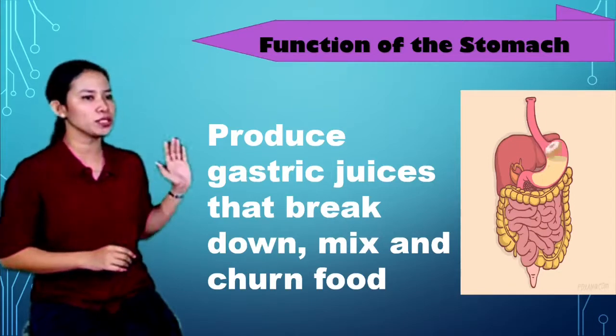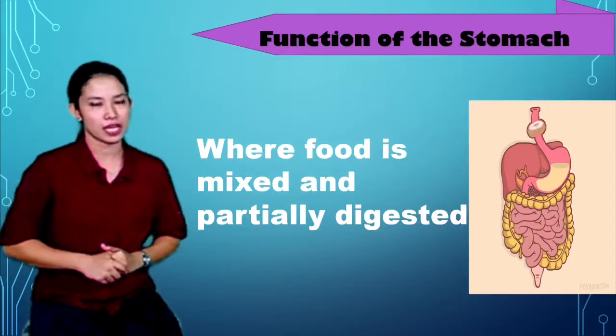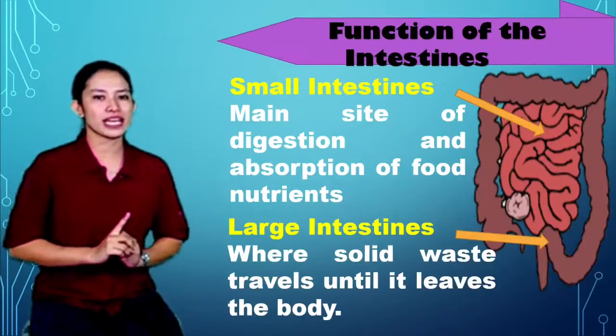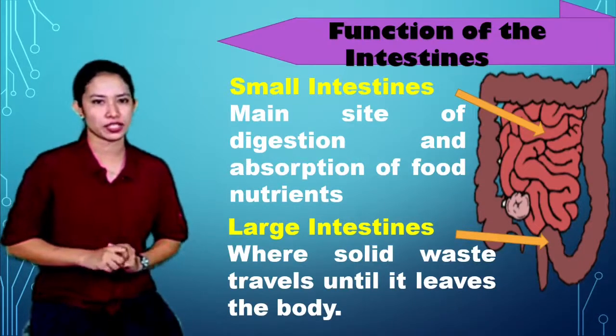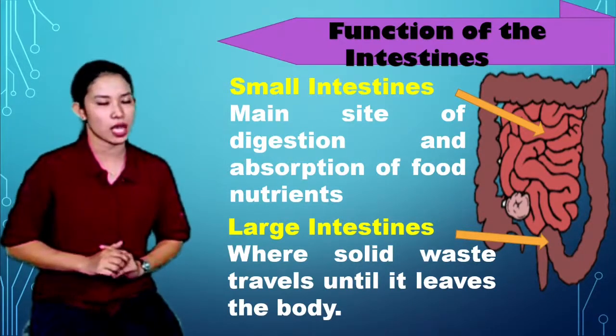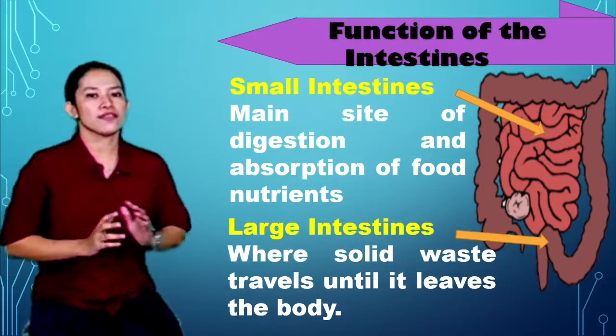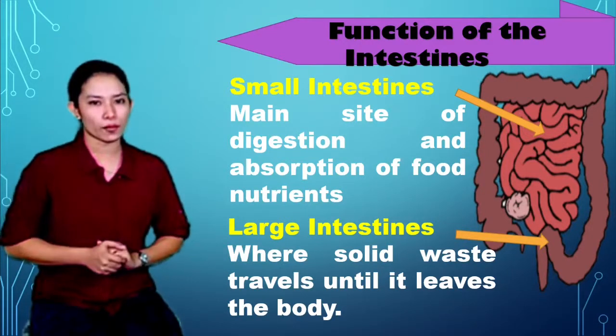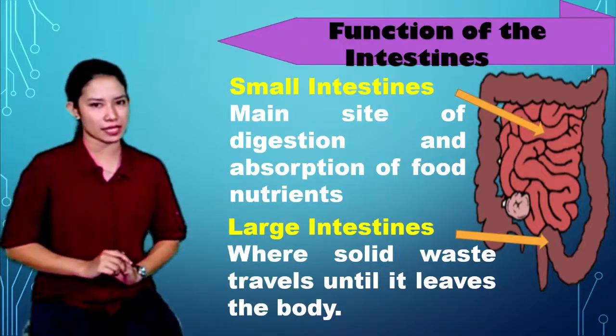And this is where food is partially digested. The small intestines are the main site of digestion and absorption of food nutrients. While the large intestines, this is where solid waste travels until it leaves the body.